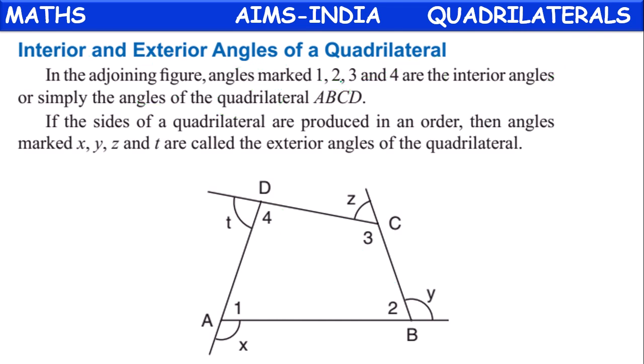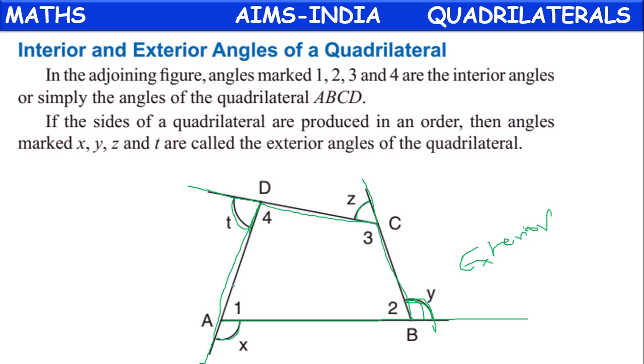Suppose we extend AB. Here an angle will be formed outside, present in the exterior part of the quadrilateral. If we extend BC, one more exterior angle is formed. If we extend CD, one more exterior angle is formed here. If we extend DA, one more exterior angle is formed here.